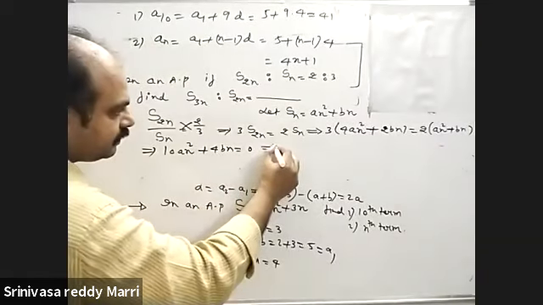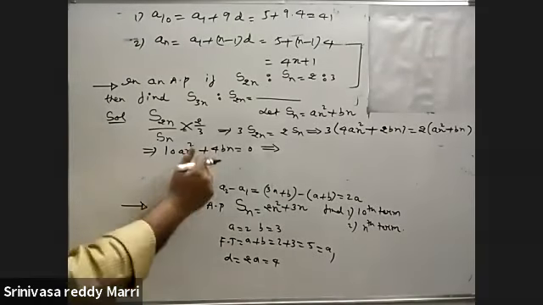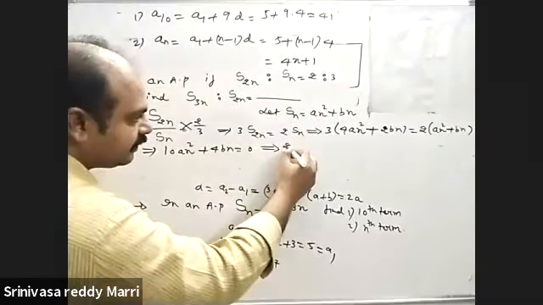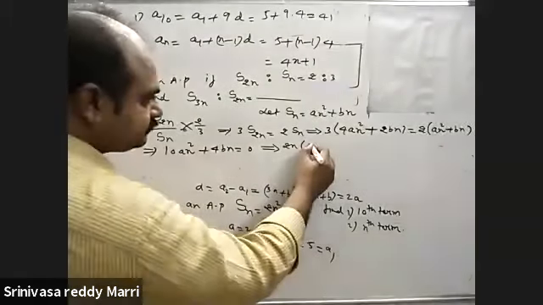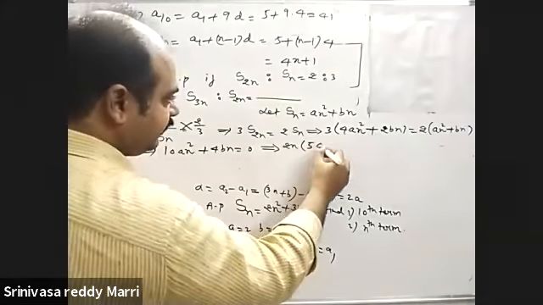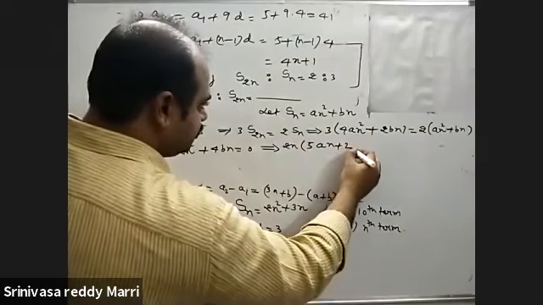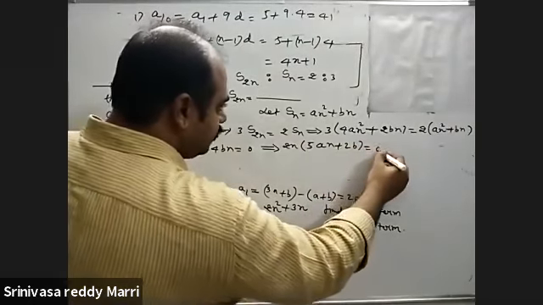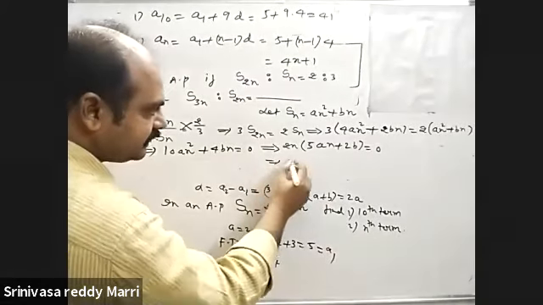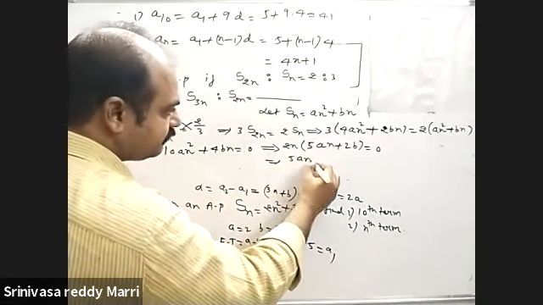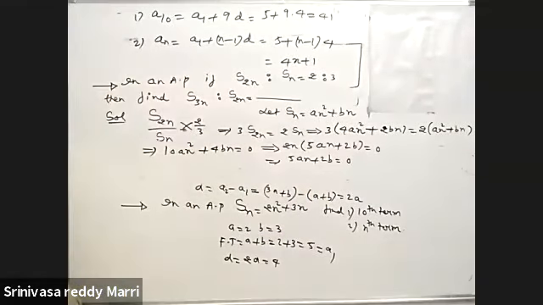Now what is common? 2n is common. 5an plus 2b equal to 0. N cannot be 0. That implies 5an plus 2b equal to 0.